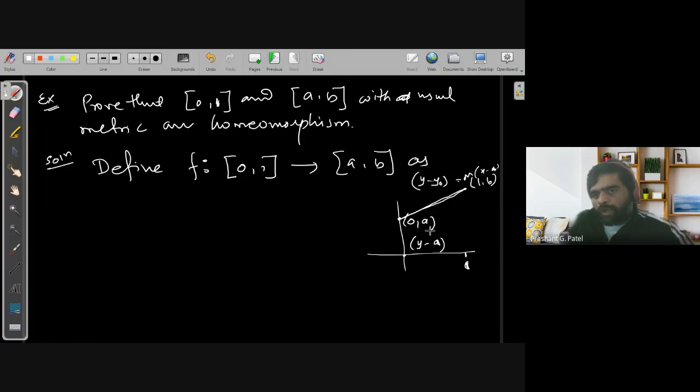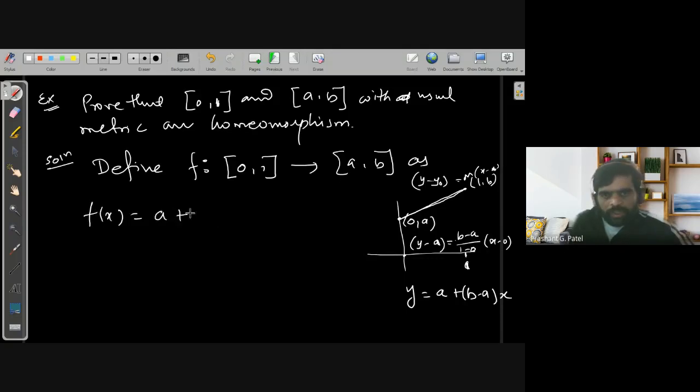If you consider this, then m will be (b minus a) upon (1 minus 0), into x minus 0. So the line you will have is a plus (b minus a) into x. That is the map I have to define. So define f of x is equal to a plus (b minus a) into x.